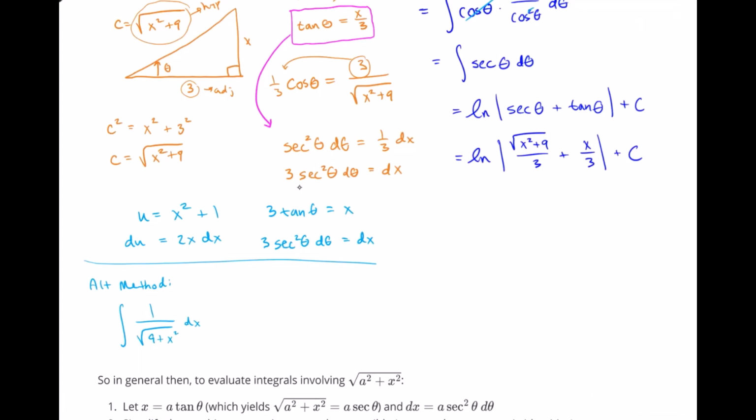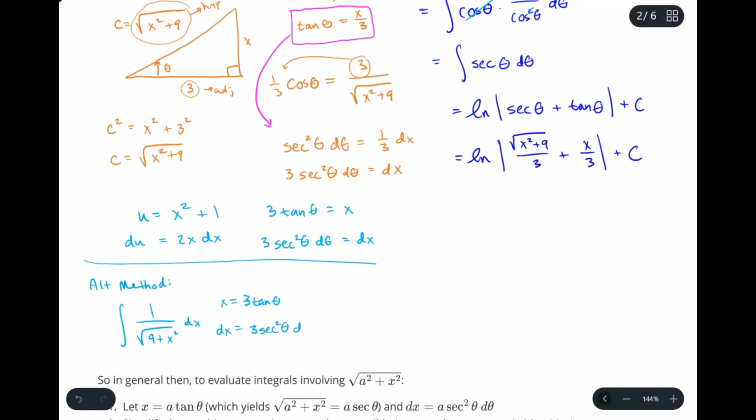And then they give you a method of arriving at the substitution, which should be x equals 3 tangent theta because of that variable a. And then they say to get dx, you would have 3 secant squared theta d theta. And they say to just substitute these directly into your integral.